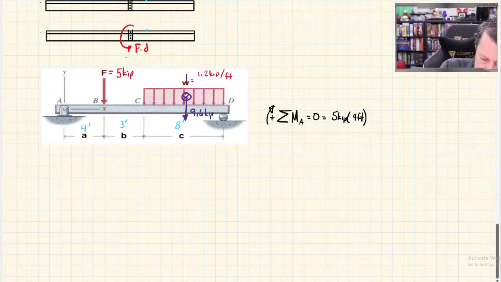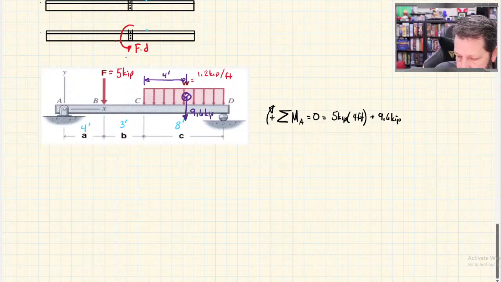And then this distance is 4 feet. Okay. So I've got plus 9.6 kips with a moment arm of 4 plus 3 plus 4, which is 11 feet.